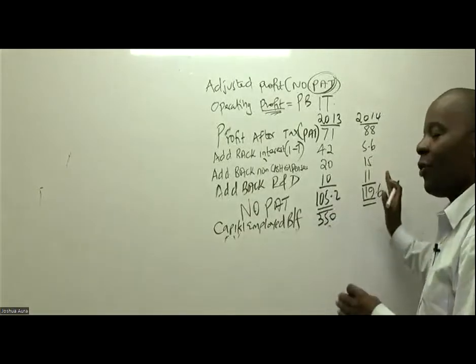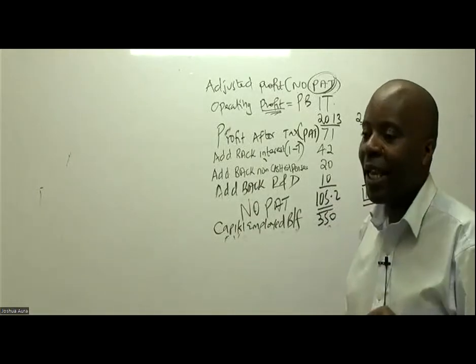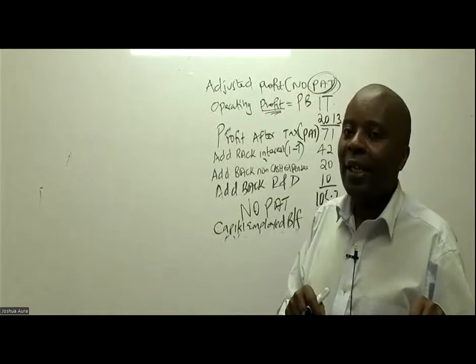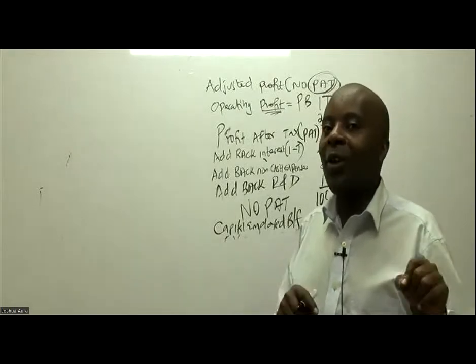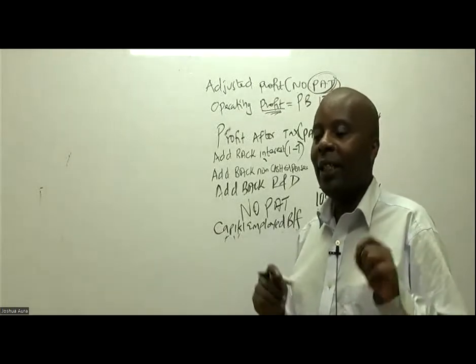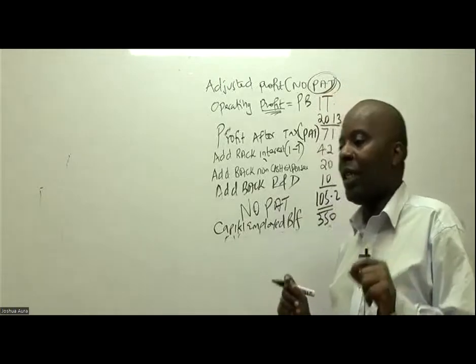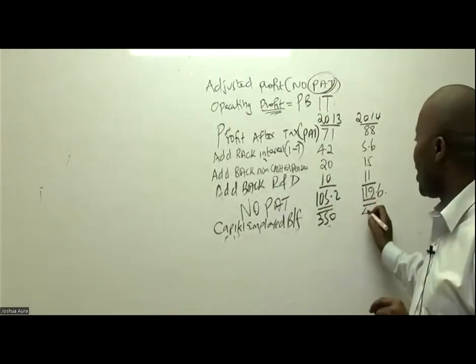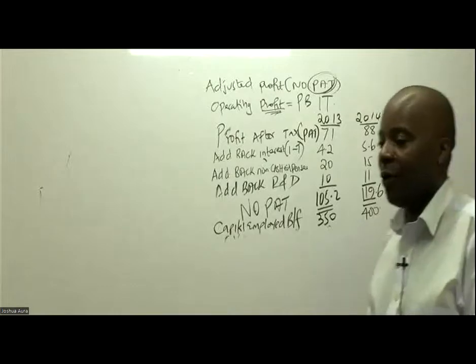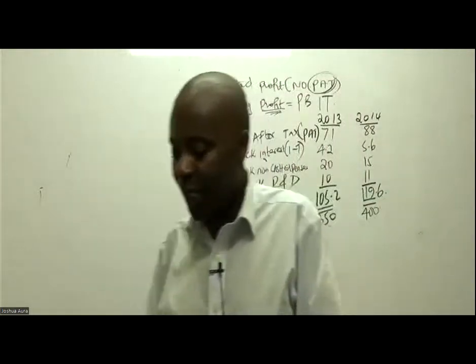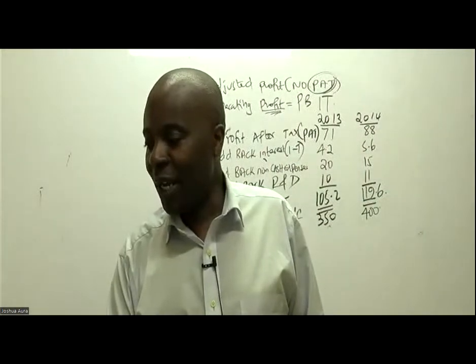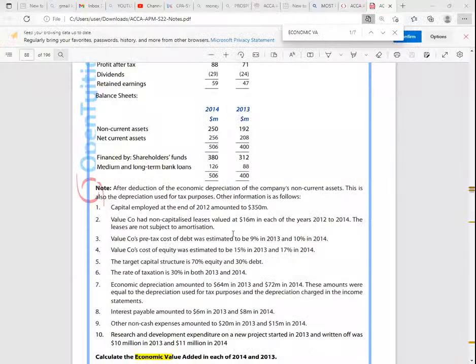Yes. So 2014 capital employed at the beginning must have been the capital employed at the end of 2013. Which in this case, you guys are right, is 400. You're right, 400. Great. Let me repeat this figure here.